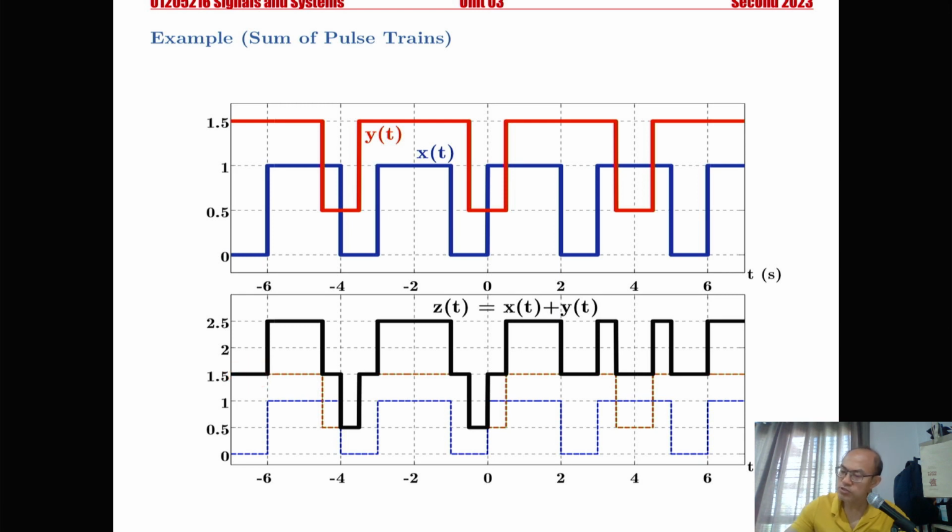So I'm going to do the shading. I'm going to use a pink shading, this interval. And adding a red and blue together, we get a black one, which is z here. Now the second interval, let's use the blue interval here.